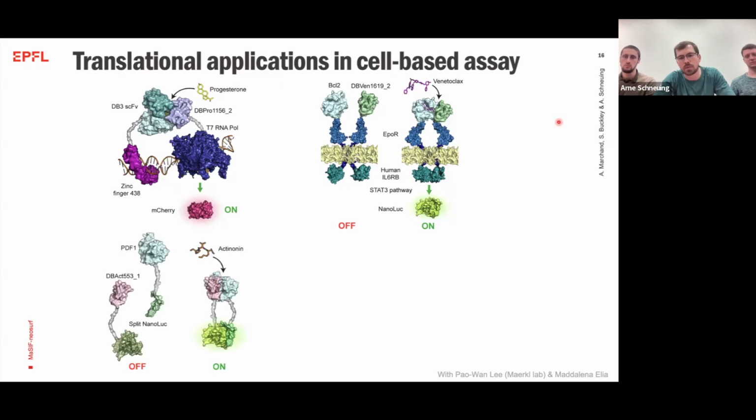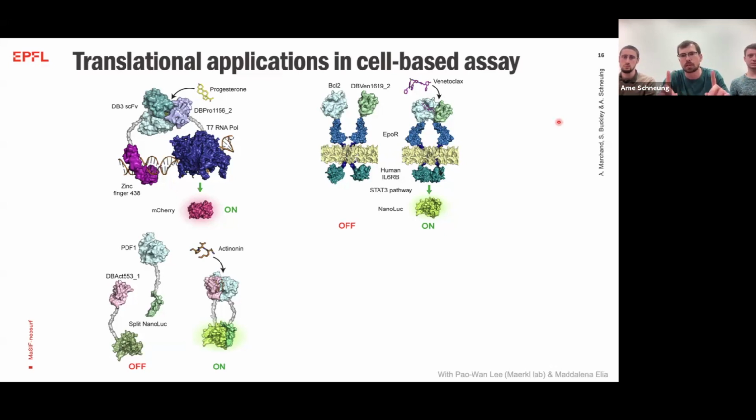The previous one was extracellular. This one is intracellular. You can split a luciferase into two components, and neither of them is active. One is called the large bit and one is called the small bit. The small bit is basically just a beta strand, but the large bit needs that beta strand to be an active luciferase.